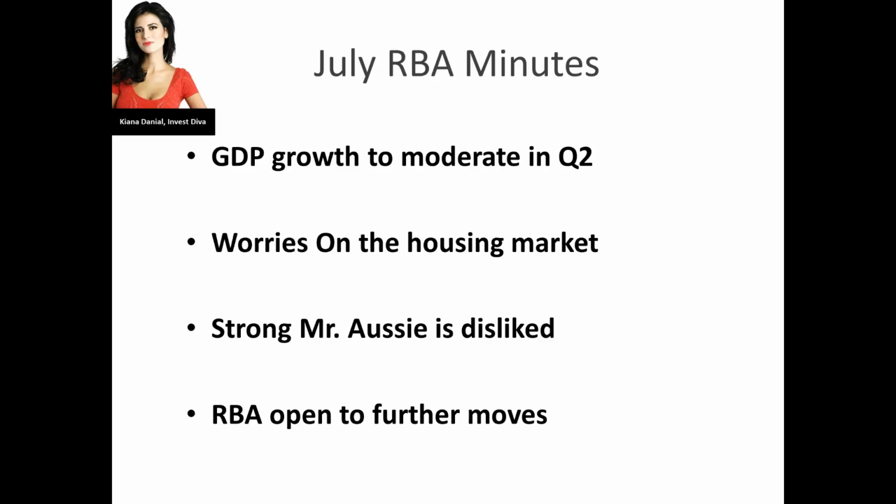Regarding the specific Q2 data, the RBA listed a smaller contribution from net exports and mixed signals for consumption. That contribution from net exports is expected to soften because, and I'm quoting here, trade data suggested that iron ore export volumes had declined from very high levels in April and May, while coal export volumes had increased marginally.